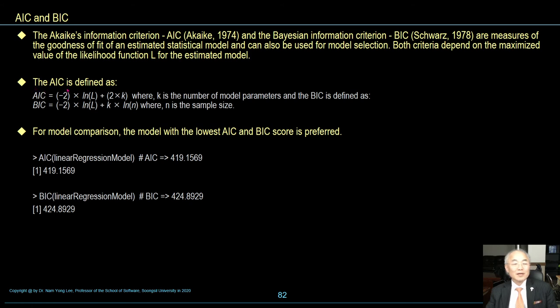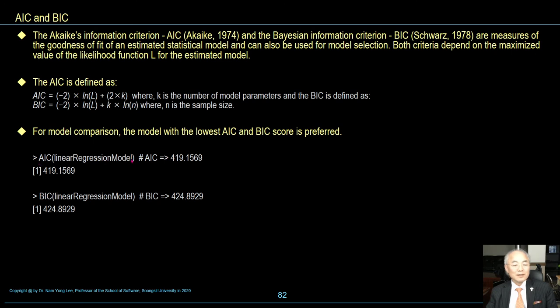The AIC is defined as AIC equals minus 2 multiplied by ln L plus 2 multiplied by K, where K is the number of model parameters. BIC can be computed by using this formula, where N is the sample size. For model comparison, the model with the lowest AIC and BIC score is preferred.